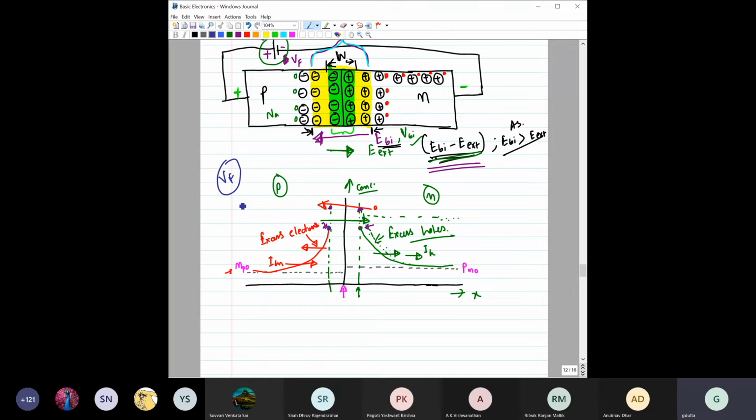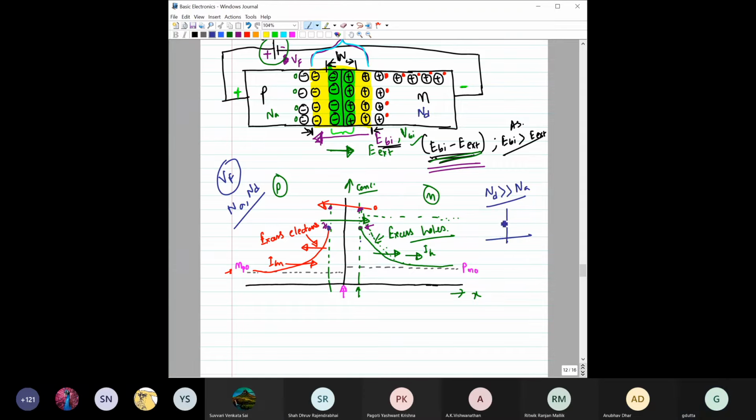At the same time, it also depends on the value of NA and ND. For example, if this ND is much higher than this NA, then the excess electron concentration at this edge would be also much higher than the excess hole concentration here. Does that answer your question?